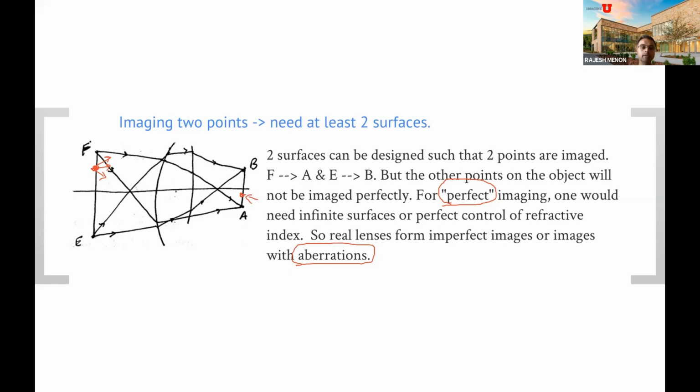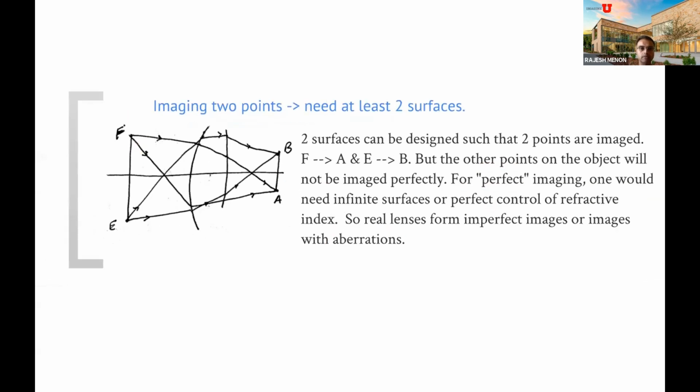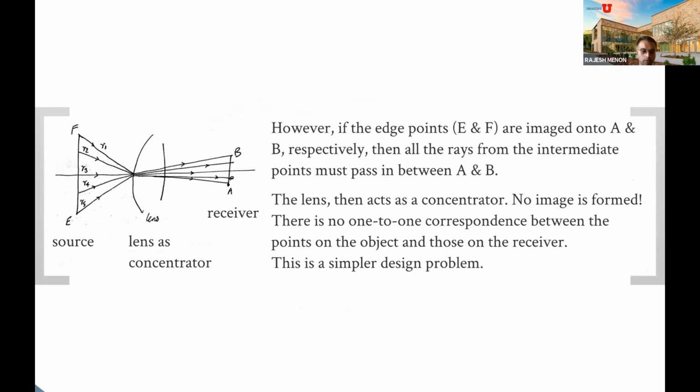So if you open up the camera in your phone, for instance, you'll have 6 or 7 lenses today, or 14 or 15 surfaces. The reason there are so many surfaces is because they're using these surfaces to correct for these aberrations. Of course, in that case, it's a bit more complicated because you have aberrations like chromatic aberrations, color, and off-axis, and so on. But we won't talk too much about it.